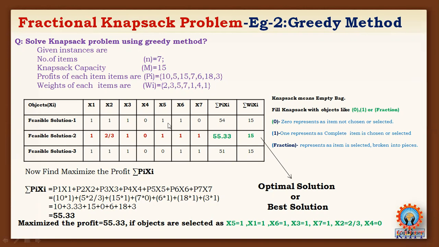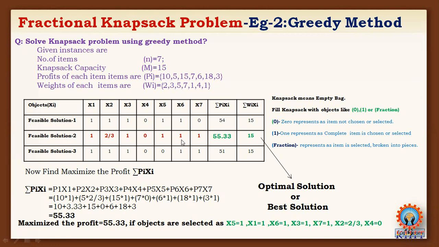The fifth item is placed completely, the sixth item is placed completely, and the seventh item is not placed in the knapsack. In this case, the total weight is 50 and total profit is 54. This is feasible solution 1.